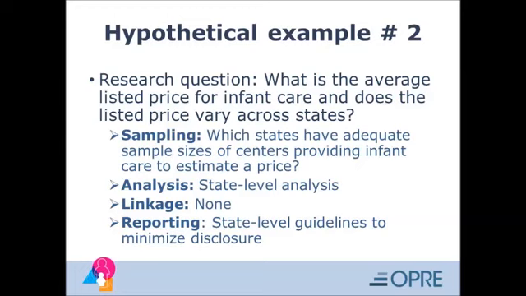So we actually have data in all states, and we're talking about a tabulation in which you would take all of the data in Kentucky, say, and generate a Kentucky average listed price for infant care and a different one for Florida.